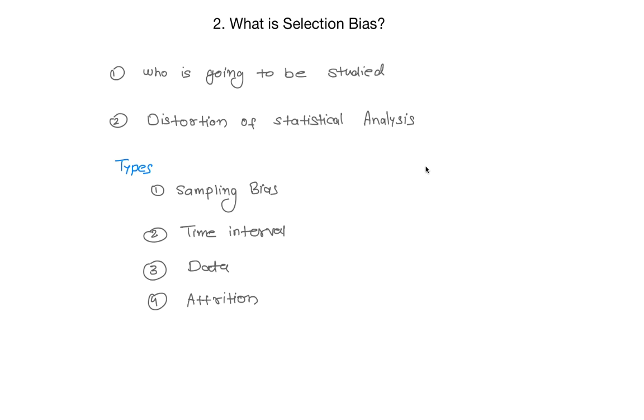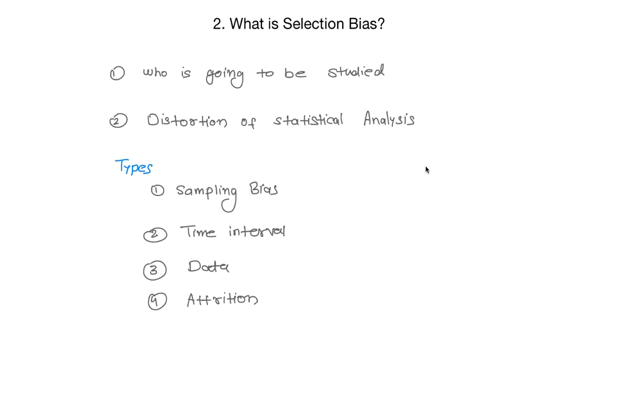Let's say a data scientist selects some particular type of data, and some particular type of data the data scientist does not accept, that becomes data bias.